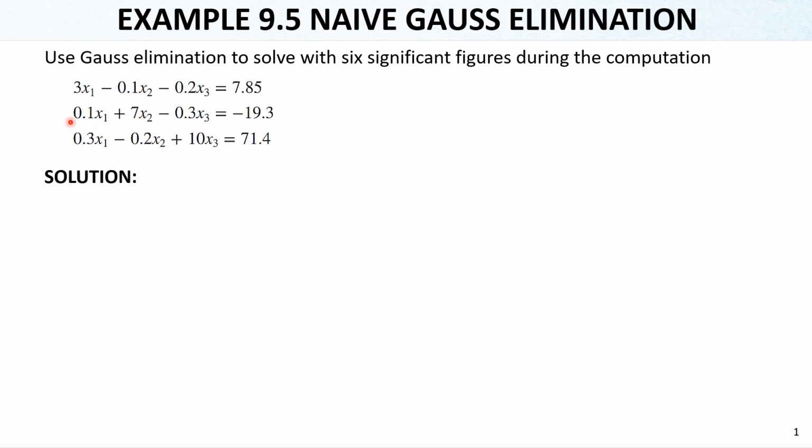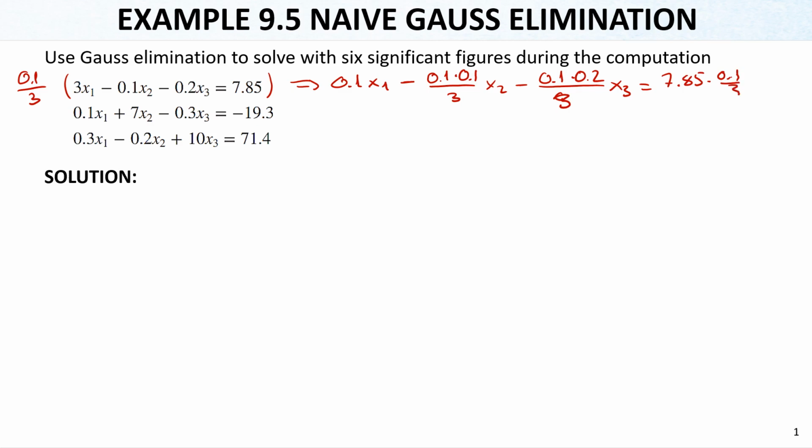For the second one, we need to divide 0.1 by 3 and multiply the first equation by that. So simply we will do this, 0.1 divided by 3, and multiply it by this. Then what we will have is simply 0.1 x1 minus 0.1 times 0.1 divided by 3 x2 minus 0.1 times 0.2 divided by 3 x3 is equivalent to 7.85 times 0.1 divided by 3.